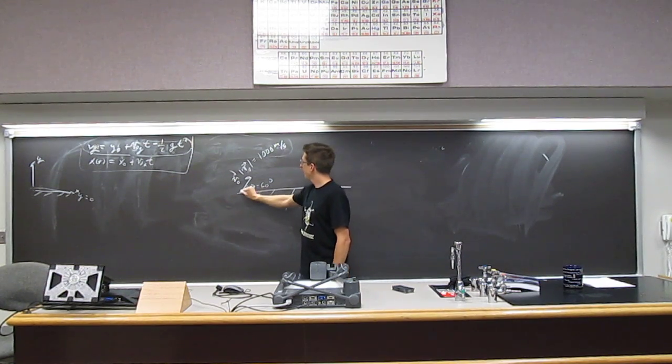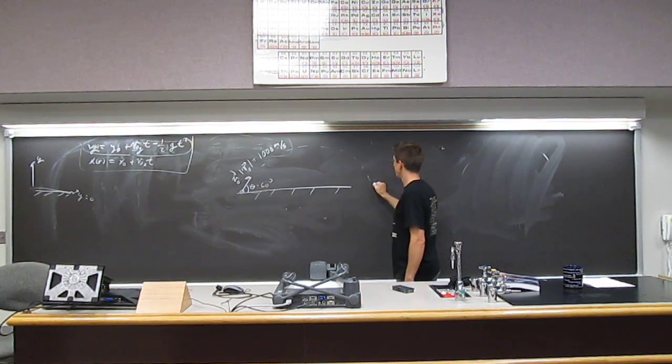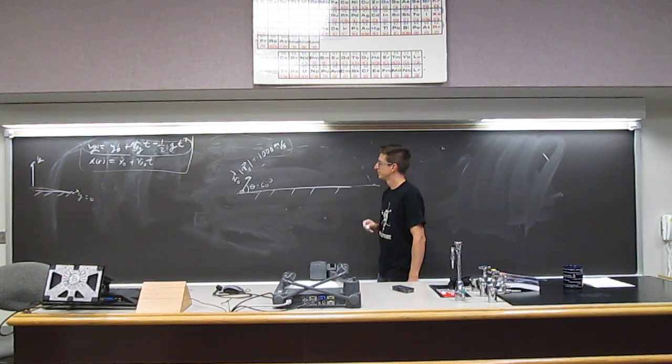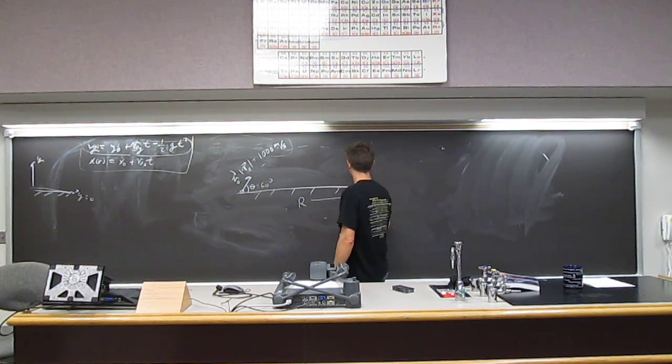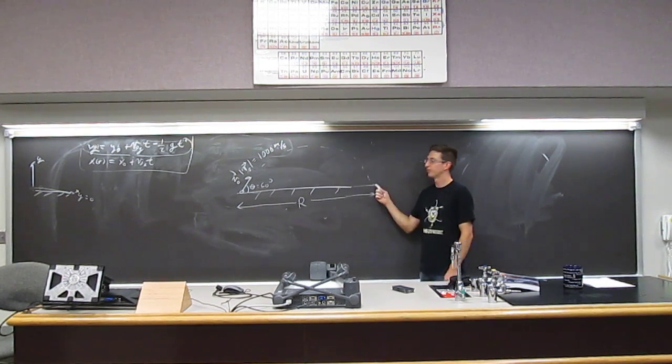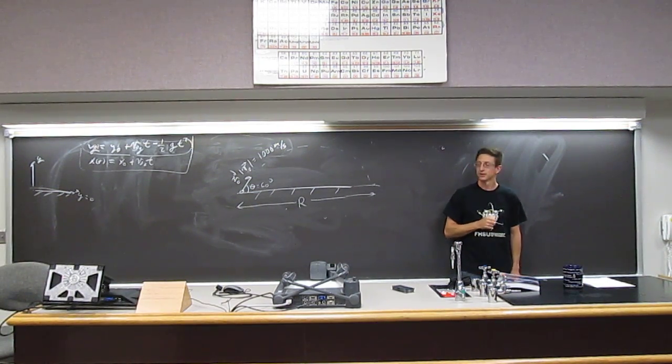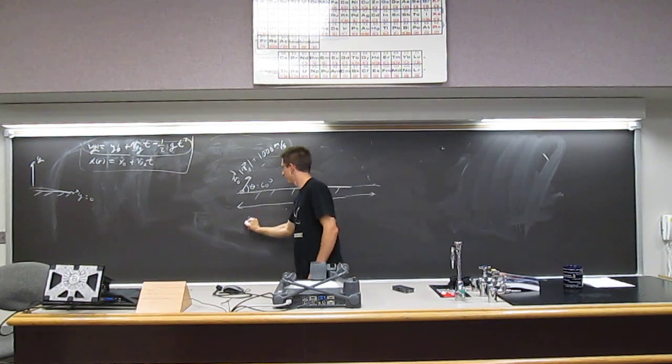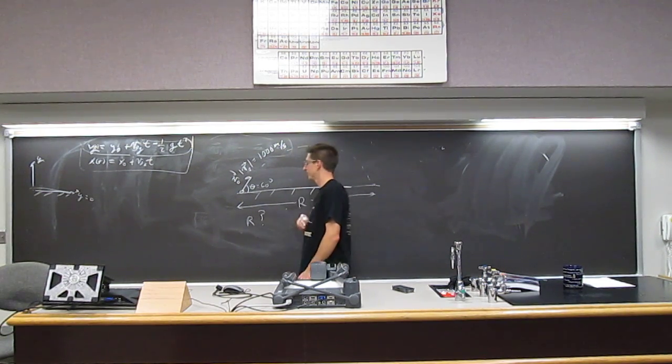The question is how this projectile will go up and come back down. What's the range, the distance the projectile traveled before it hit the ground? So R is my question.